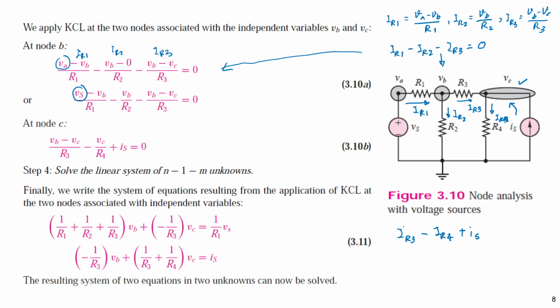Substituting, IR3 is VB minus VC divided by R3, minus VC divided by R4, plus IS equal to 0. So we get this equation. So right now we come to two equations, two unknowns.